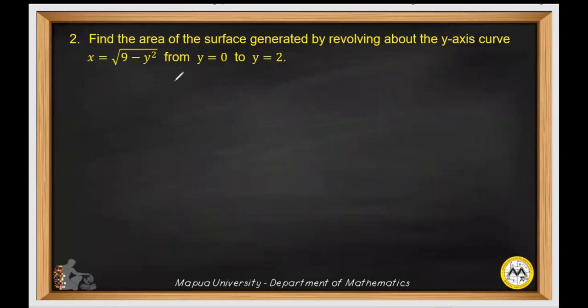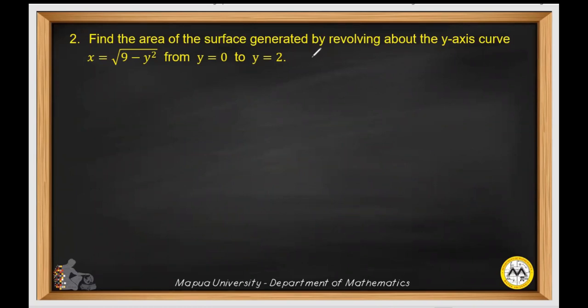And this time, we will consider finding the area of surface of revolution generated by revolving about the y-axis the curve x is equal to square root of 9 minus y squared from y is equal to 0 to y is equal to 2. By the way, this is also actually the problem in the lecture notes.